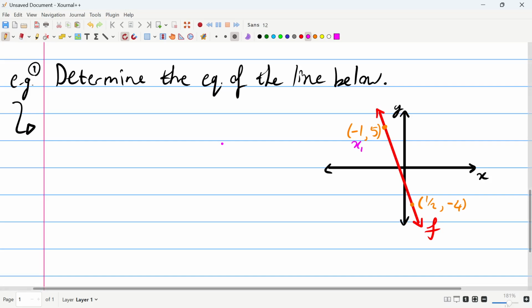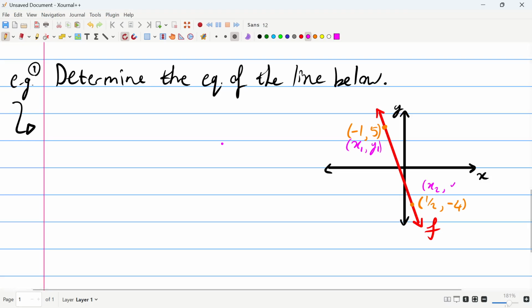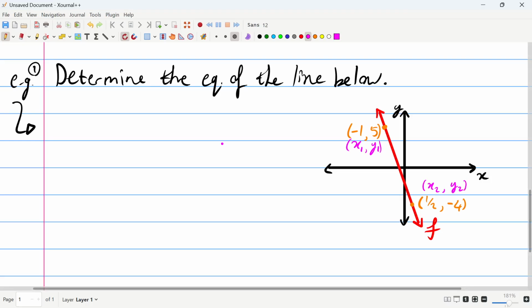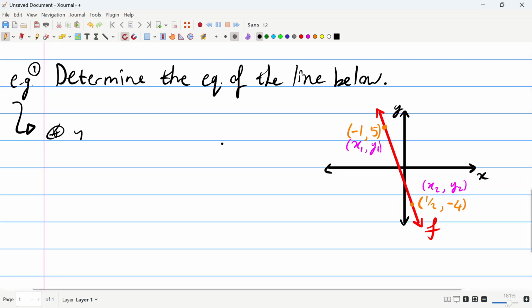So we'll call this x1 and y1, okay? And we'll call this x2 and y2. Okay, cool. And now from here, we can just substitute that into our formula. Remember that our formula is going to be the following, right? y equals mx plus c.